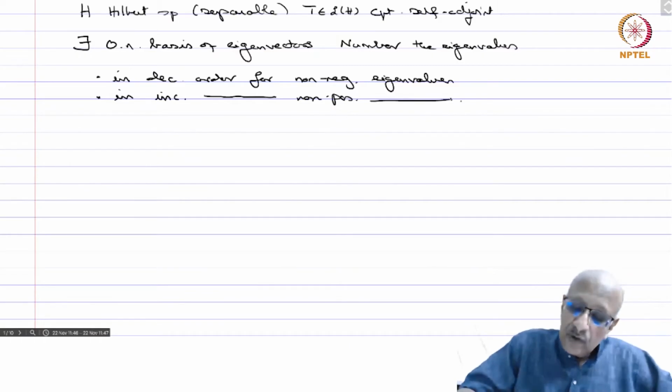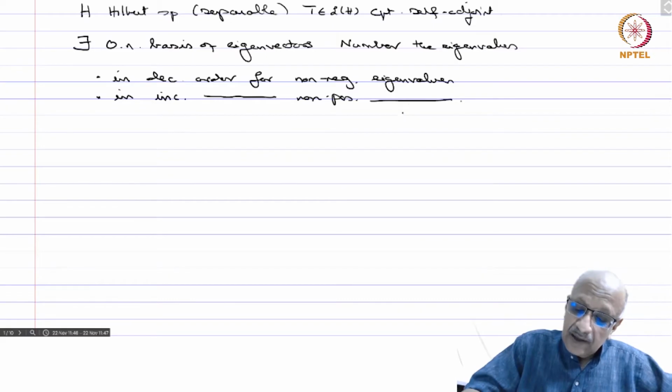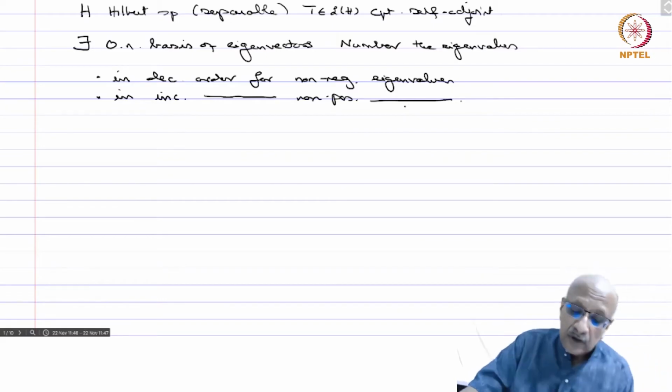For the result I am going to state below, it doesn't matter where we put the eigenvalue 0, if at all it is an eigenvalue, because it will come last.